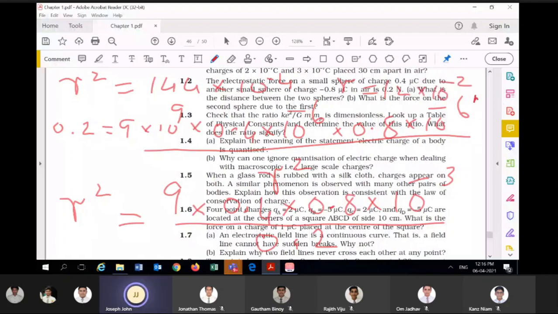So 10 raised to minus 2 meter, isn't it? Yes. Yeah, correct. Simple questions only, not so difficult, okay? Finish all of you?